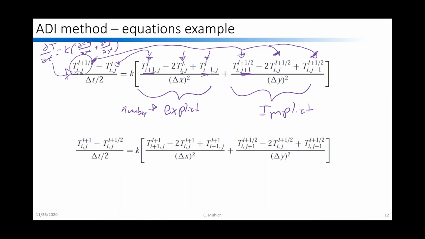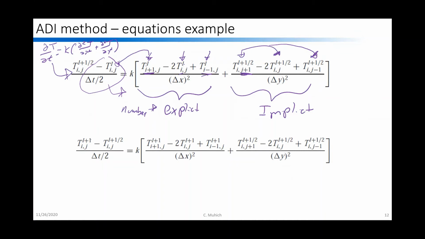And I can pull out this T at i, j plus 1/2 by moving these two terms over to the other side. So once I solve for all of those points in the y direction implicitly, I can move on to my second half step.